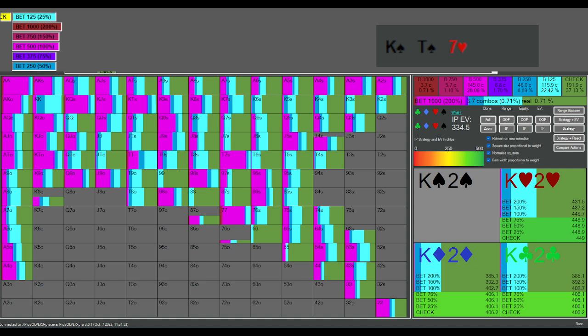So we'll start off with a board like this and talk about turn probes.